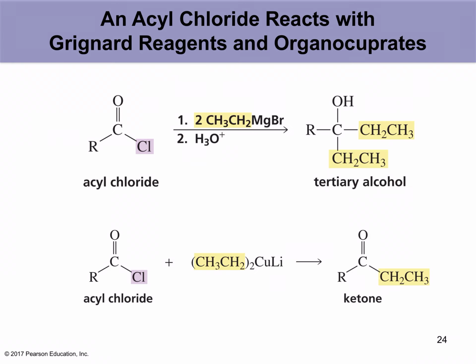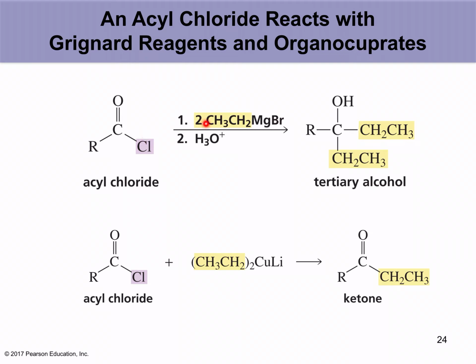Acyl chloride react with Grignard reagents and organocuprates. Now the acyl chloride also acts similar to the ester because this is a good leaving group, just like the methoxy group.